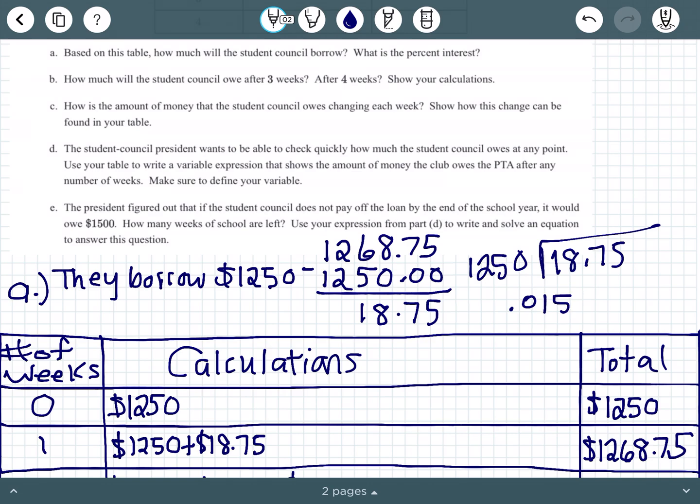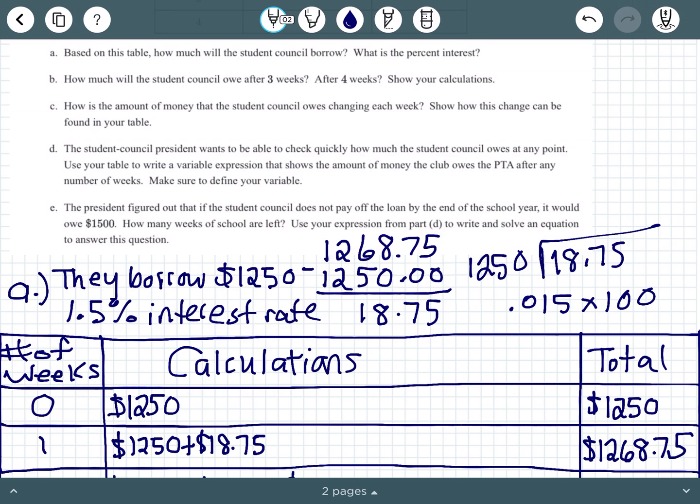And if we multiply that by 100 to get our percent, that is going to be 1.5%, which is the percent of interest, or the rate.